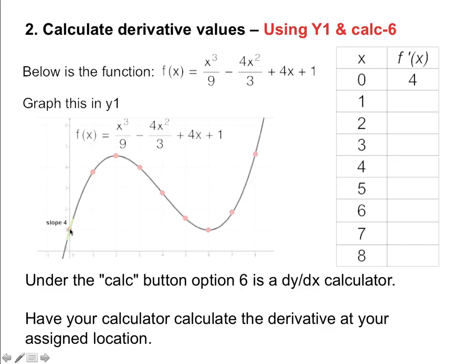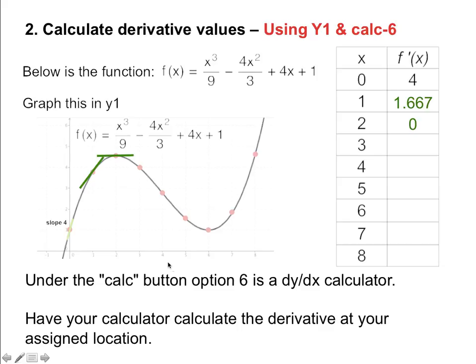Then we're going to type in the location of 0, and you should get a value of 4. When you type in the location of x equals 1, so second Calc 6 and then a location of x equal to 1, you should get a derivative value of 1.667.